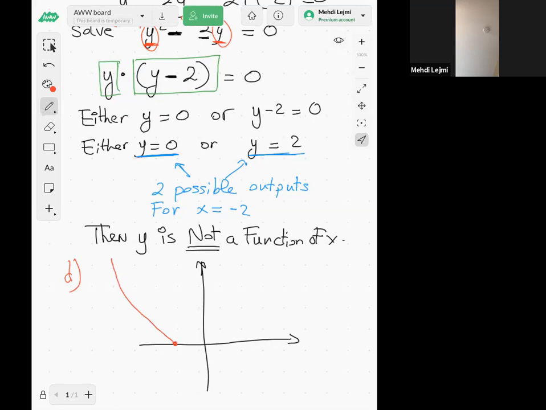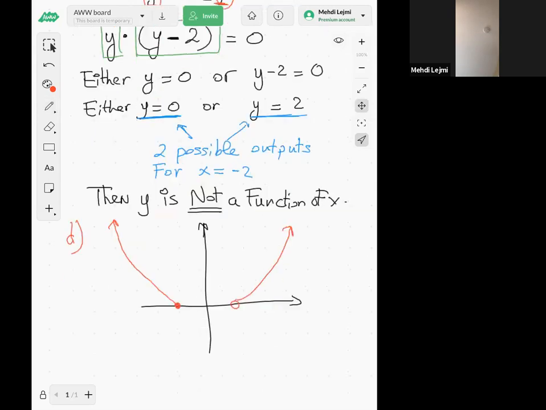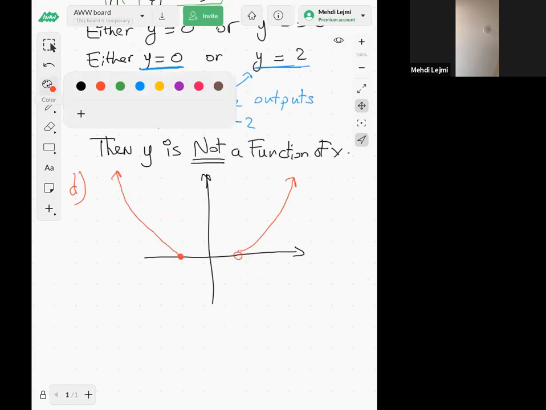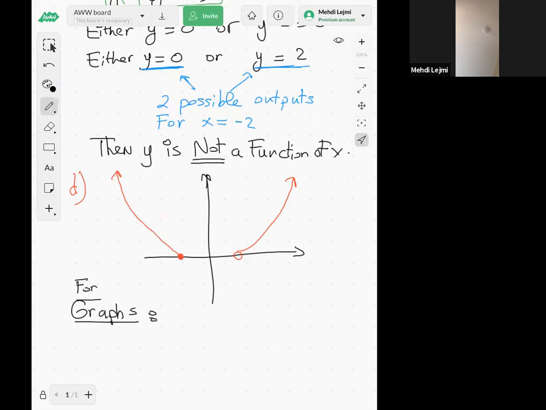So for the graph, we use the vertical line test. So what does it say?